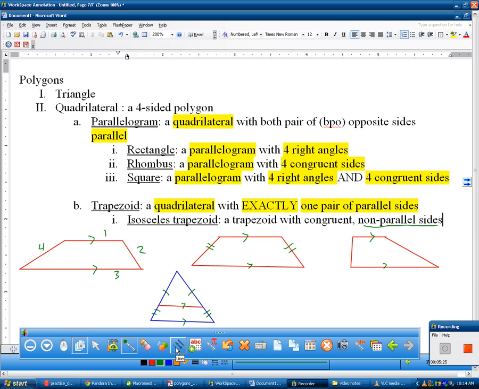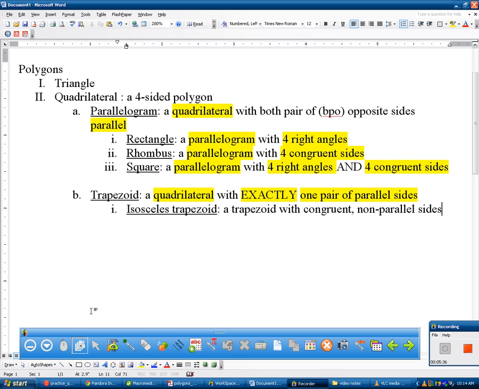So if you can think that an isosceles trapezoid is also just part of an isosceles triangle, then you're going to be fine. I think. We'll see. But there you have that. So there's isosceles trapezoid.